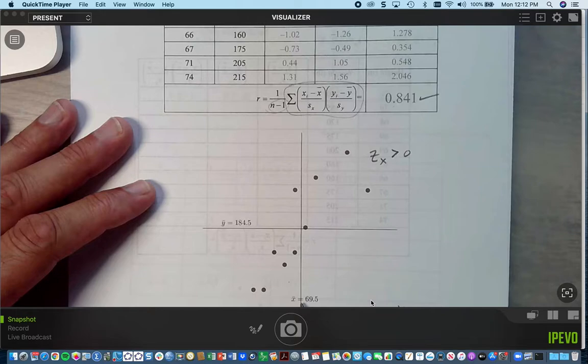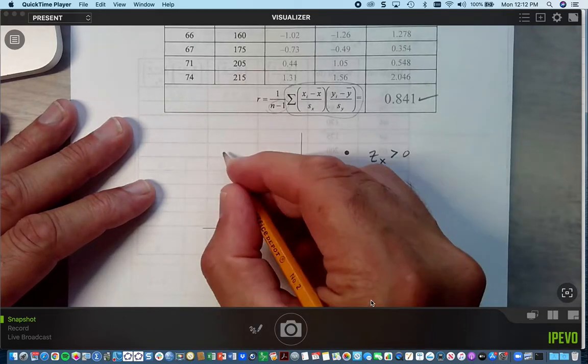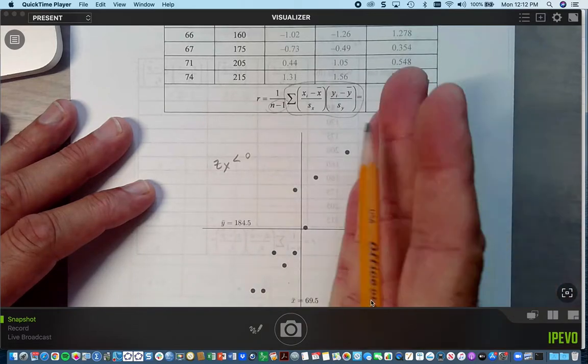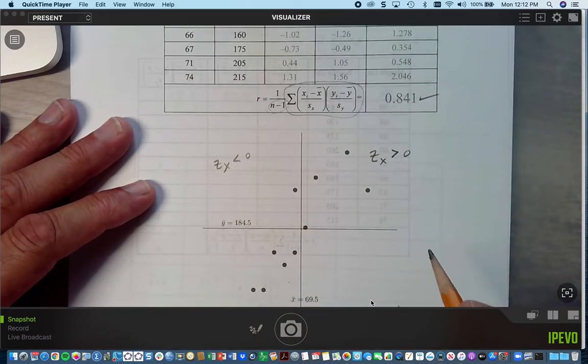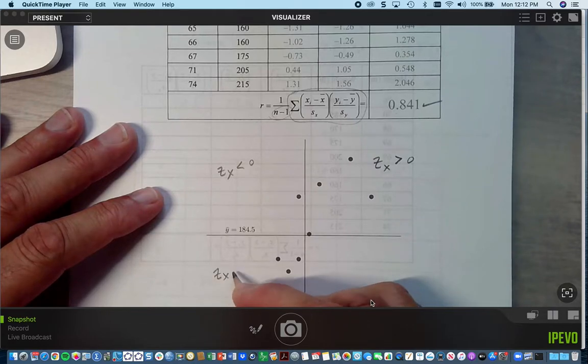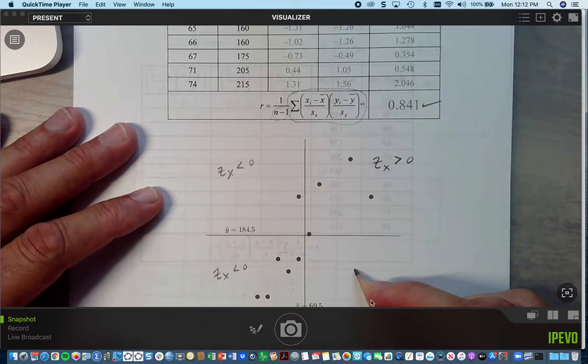Okay, and if I go over here and say, what about the z-scores for x over here? These are going to be negative because they fall to the left of the average height. Okay, down here, same thing. Z-scores are going to be negative, and over here, z-scores for x are going to be positive.